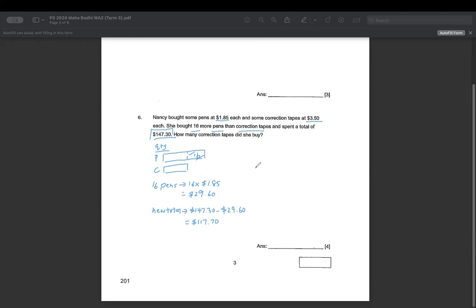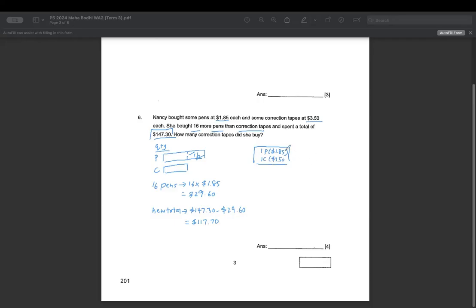So when we are at this stage, what we do is we will do grouping. Okay, when you have an equal number, but you don't know how many, in your one group, since it's equal, it will be 1 pen. Okay, so I'll just put the cost there. It's $1.85. And 1 correction tape. It's $3.50.